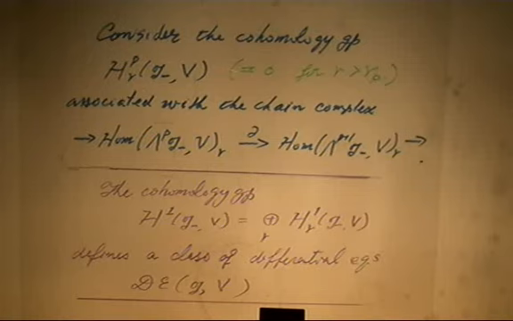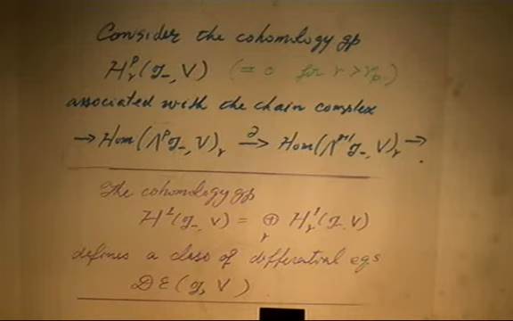I also note that because of the Noetherian property of the enveloping algebra, this cohomology group vanishes for each p large enough, even if our G and V are infinite dimensional.